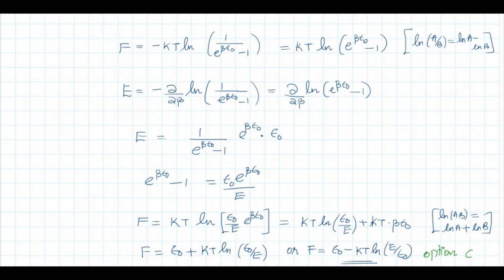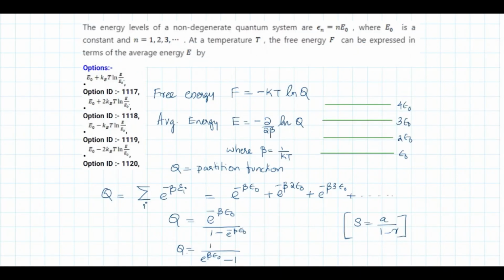So, F is equal to kT log E0 by E raised to beta E0. Log AB is log A plus log B. So, make this kT log E0 by E plus kT log e raised to beta E0. Log and e will cancel. So, that makes it beta E0. Beta is 1 by kT. kT and kT will cancel. F is equal to E0 plus kT log E0 by E. But in the options, there is no such option.